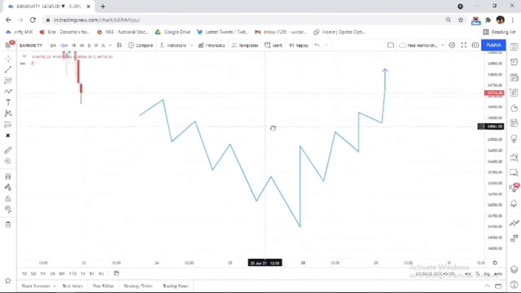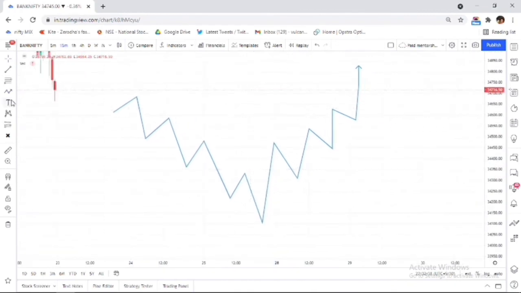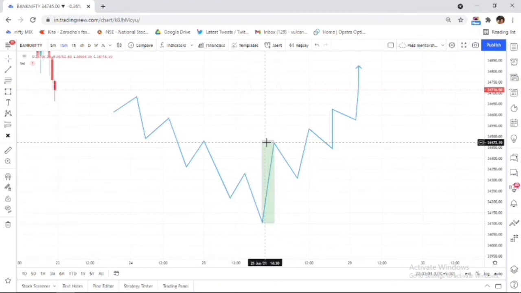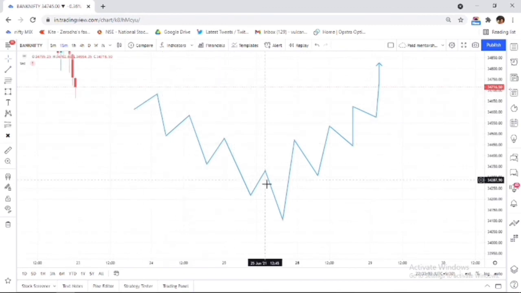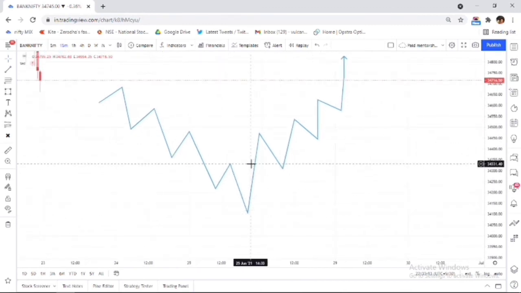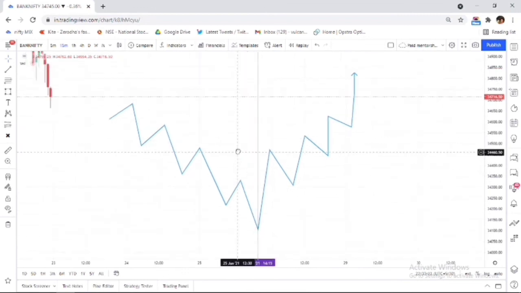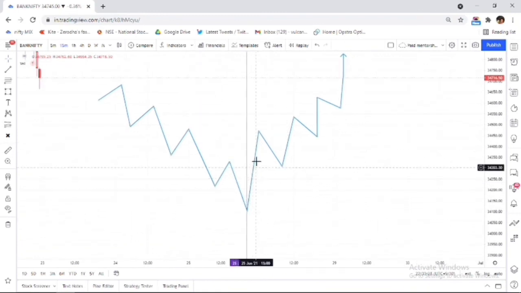What I teach to students is that you should always try to identify this break of structure, and after identification, divide the market by a vertical line, and this vertical line is your day zero line.